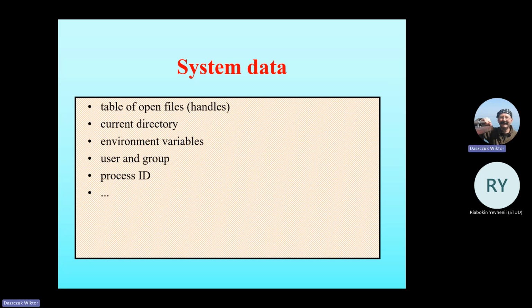What is in system data? In every system, it is a file table, the open file table. Every program has its own set of open files, and information about those files should be stored somewhere.